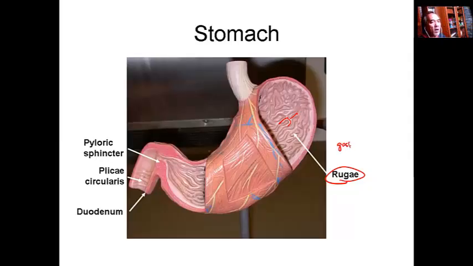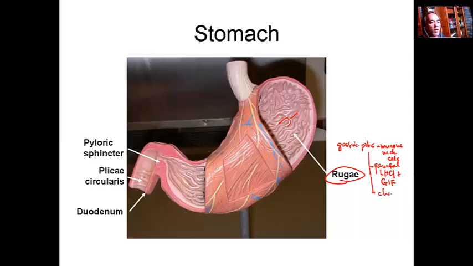We found out that gastric pits have mucous neck cells, so they're creating mucus, and there's another one called the parietal cell, which secretes hydrochloric acid and intrinsic factor for the purpose of absorbing vitamin B.